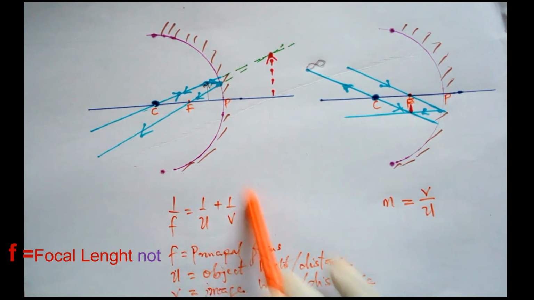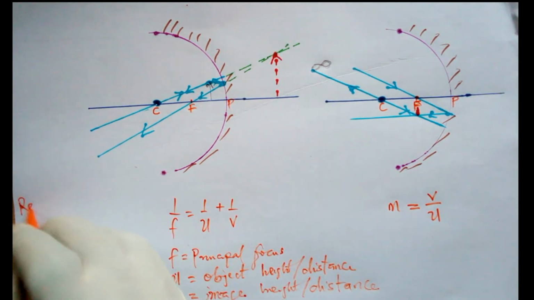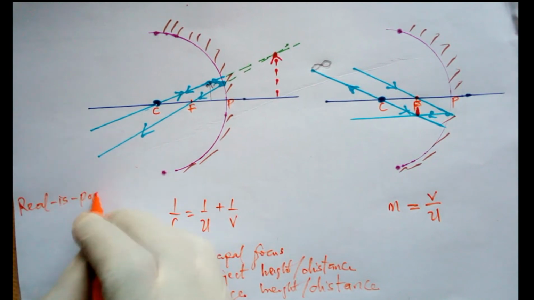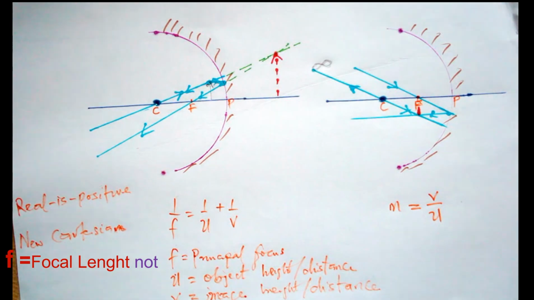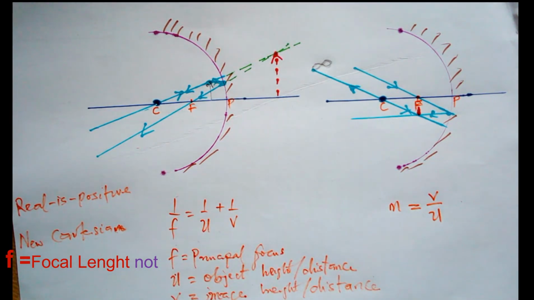Now this mirror formula can be solved in two different ways. The first is real is positive, the second is the new Cartesian method. So you could use either method, whether real is positive or new Cartesian, but you have to specify which one you use while solving problems like that.